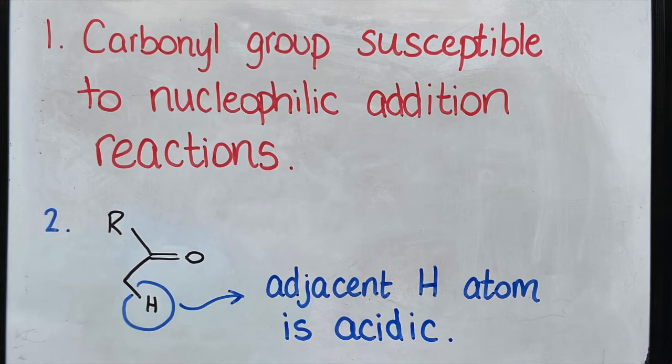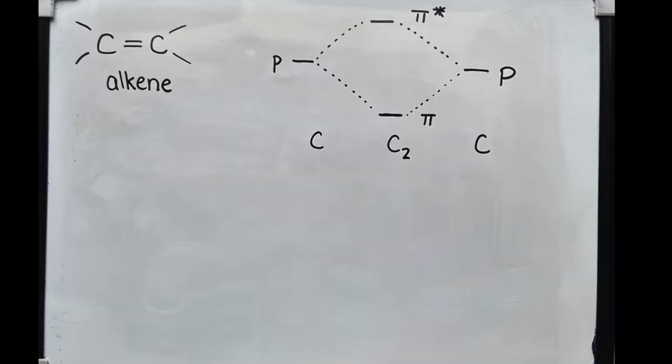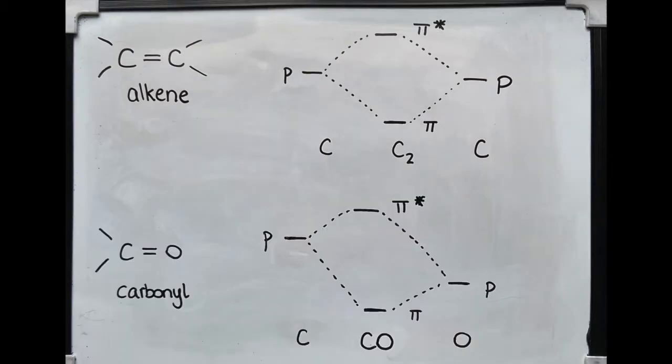Let's consider the first point. If we had an alkene with two carbon atoms, the pi molecular orbital diagram would look like this. Two p orbitals of equal energy overlap to form a bonding and anti-bonding pi orbital. In a carbonyl compound, the molecular orbital diagram looks more like this.